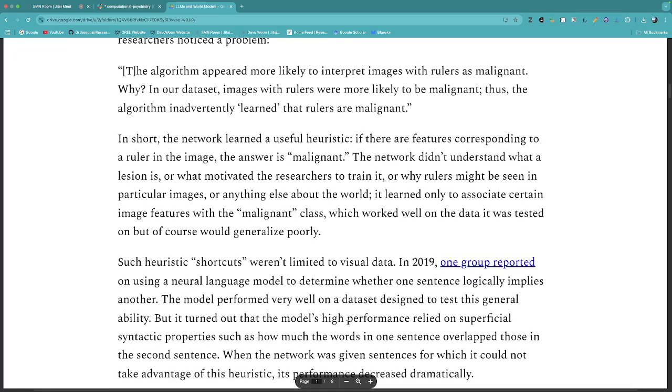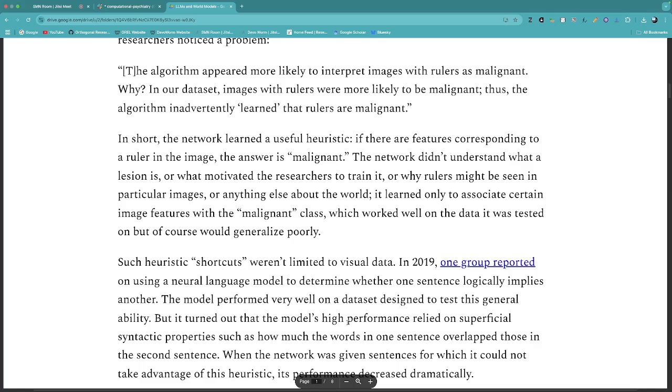If you're acquiring data in the real world and you see something associated with something else, it's easy enough to say that, well, of course, that's a feature of a certain outcome, but it may not be that simple. So basically the network learned a useful heuristic, but it wasn't that useful in the end.